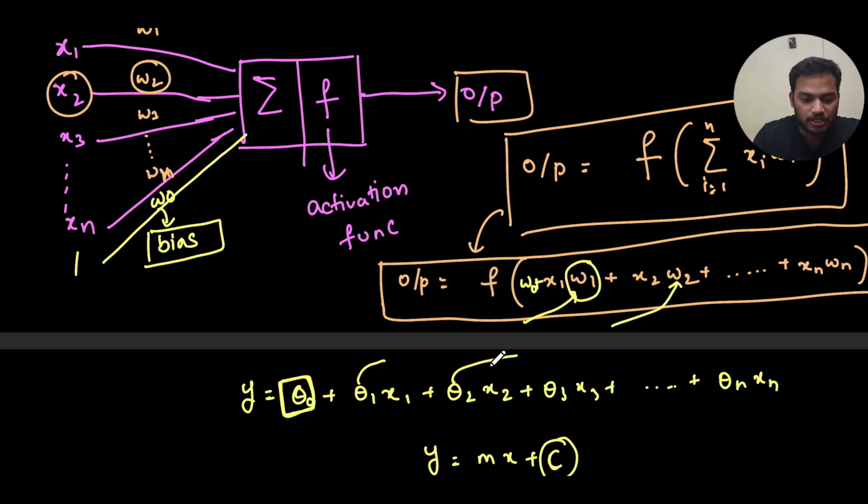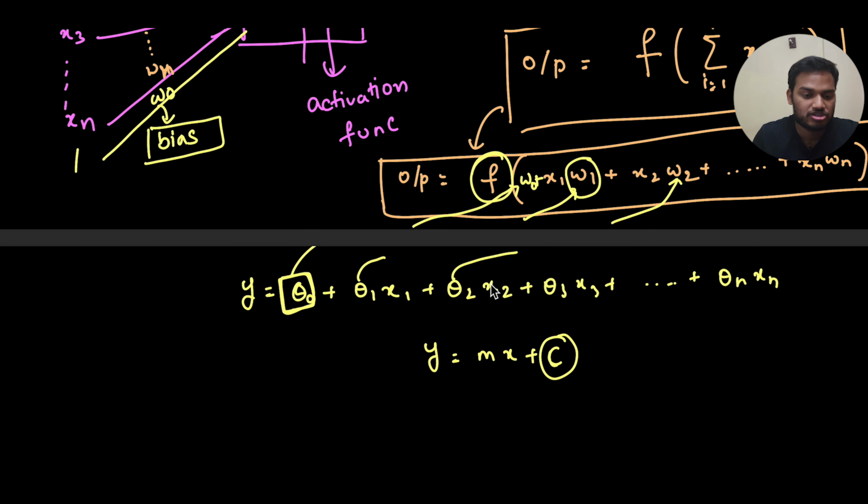And as I said, now it is exactly the same. For w naught we have theta naught, for theta 1 we have w1, for theta 2 we have w2, and so on. The only change is that we have this specific function over here. And what should this function be in order to make it exactly equal to the linear regression hypothesis? The function just needs to be something linear, right? And what is that linear function? If we pass f of x, then the output should be x.